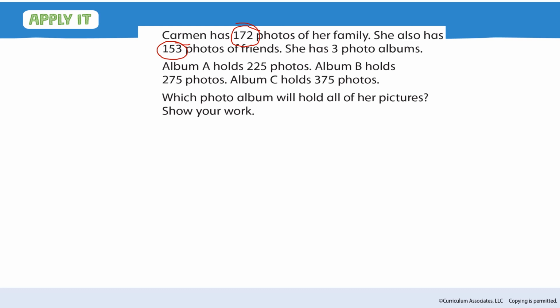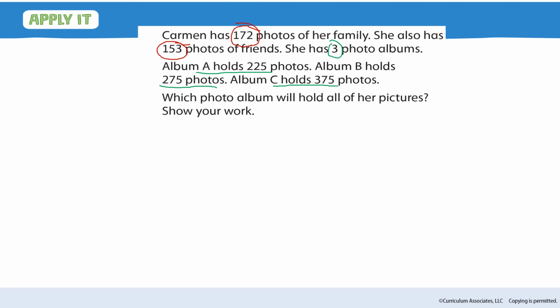We also know that she has 3 photo albums. Photo album A holds 225 photos. Album B holds 275 photos. And album C holds 375. So all of those pictures are going to have to go into one of those albums.